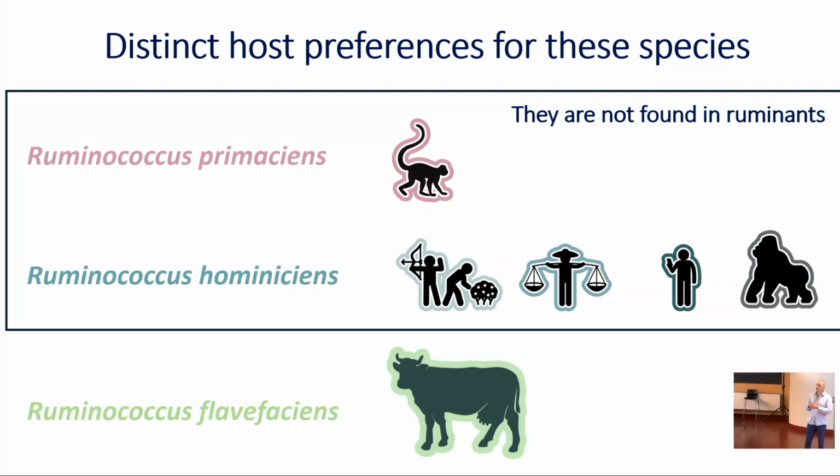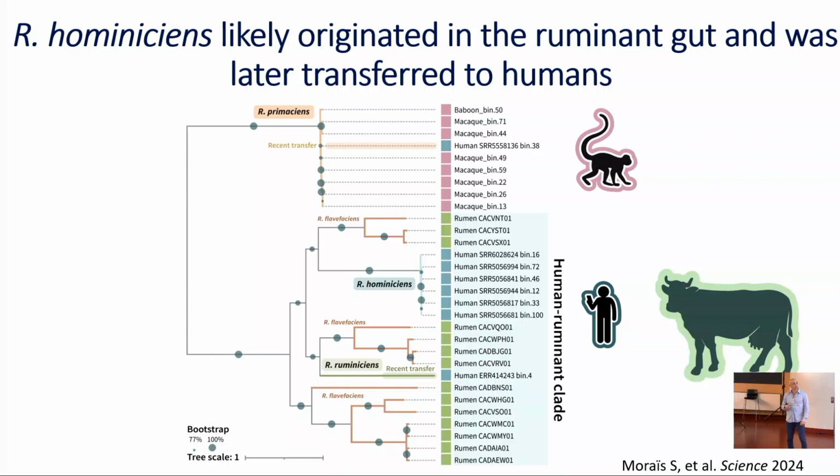And in order to do that, what we usually do is evolutionary analysis, or just phylogenetic trees of all the proteins that they share within their genomes, and we ask whether the clustering can tell us something about the evolutionary trajectory that they actually experienced. And what we find in most of the proteins inside their genomes is the following. We find that Ruminococcus hominesians over here is diverging from the Ruminococcus flavefaciens, which is the microbe from the cows.